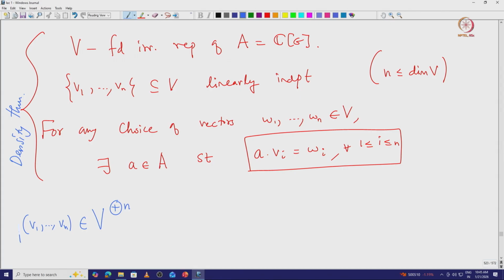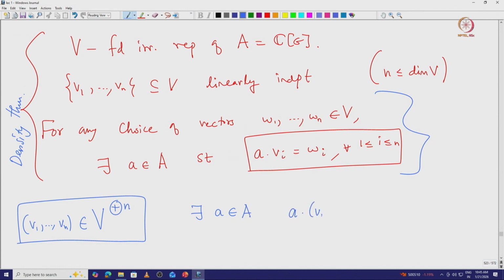So, we can view this tuple as an element of the direct sum of n copies of V. Then we can rewrite this statement as follows. There exists A in capital A such that when you take A and apply it on this n-tuple V1 etc. Vn, you get W1 etc. Wn. So, that is what it guarantees.